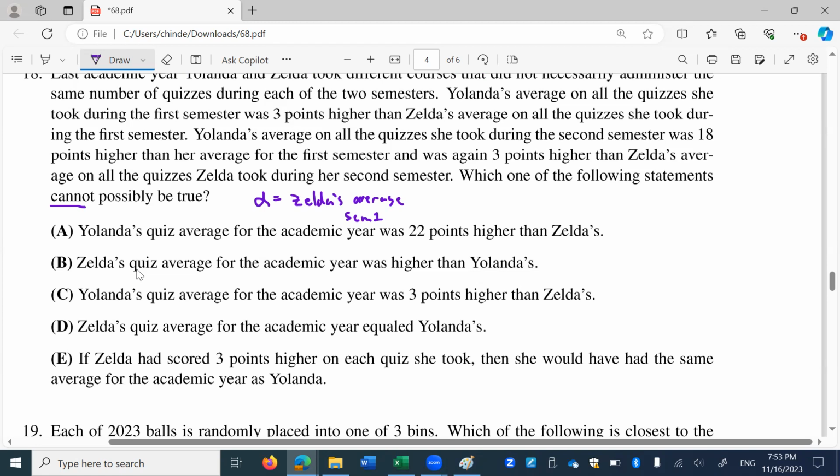So Yolanda's overall quiz average for the year is going to be C times alpha plus 3, plus, where C is the fraction of quizzes that were in the first semester, and then 1 minus C is the fraction of quizzes in the second semester. So this is Yolanda's average. Zelda's average is potentially a different fraction.